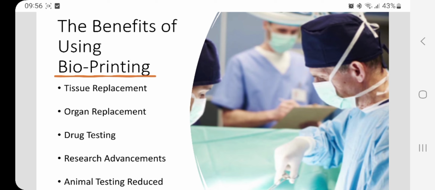Bioprinting tissues and organ models can serve as a valuable tool for drug testing and development. Pharmaceutical companies can use these models to screen potential drugs more accurately, leading to the discovery of faster and more effective medications.